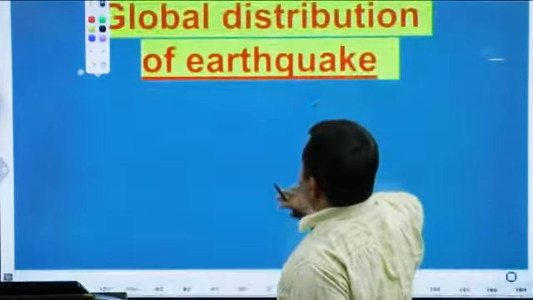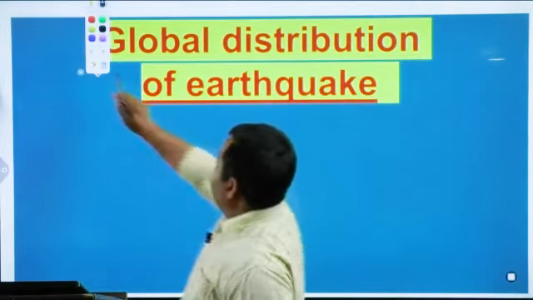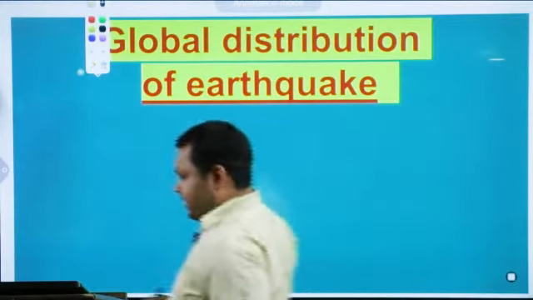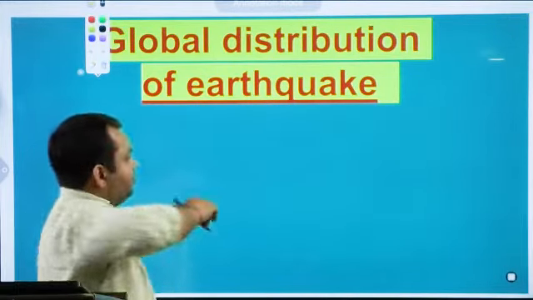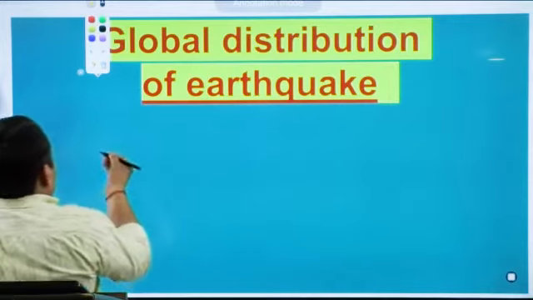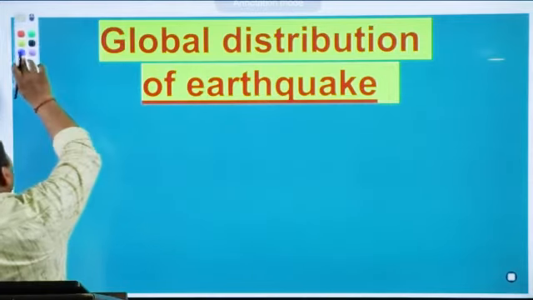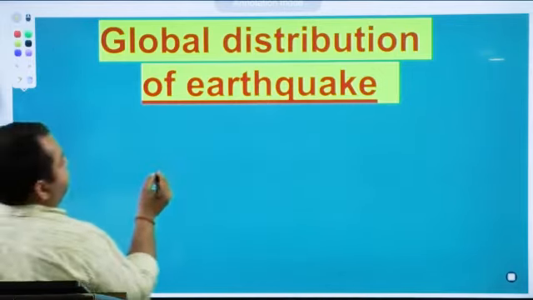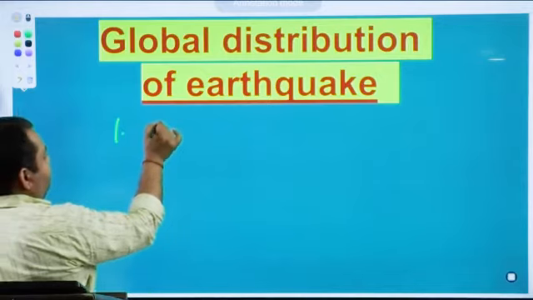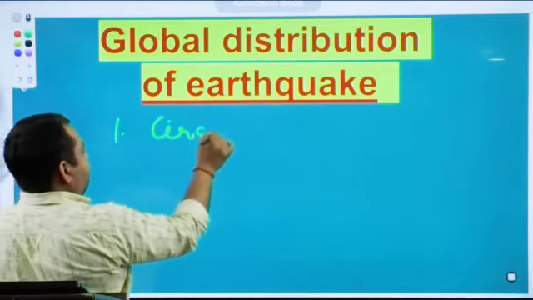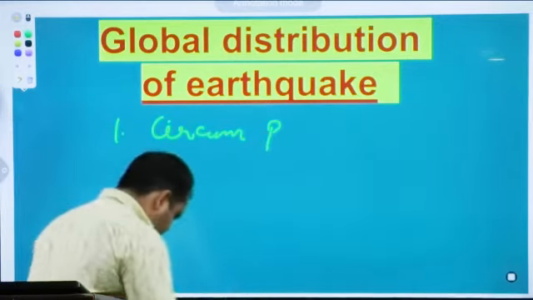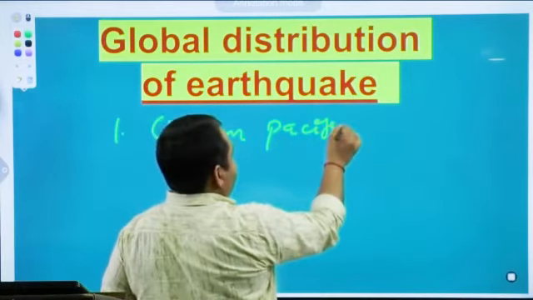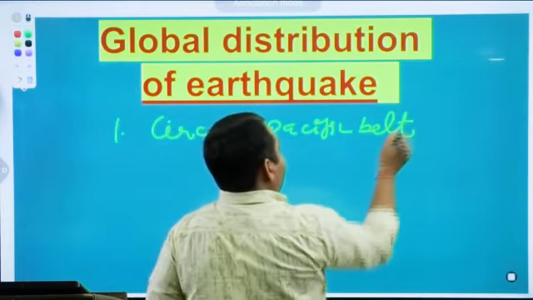Now, the next point related to the earthquake is global distribution of earthquake. Earthquakes globally can be divided into 4 belts. One is the Pacific belt.